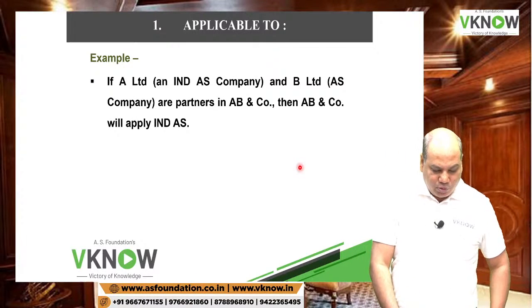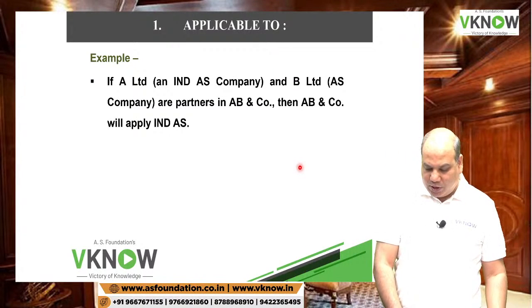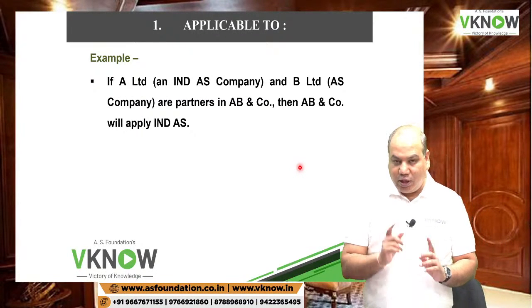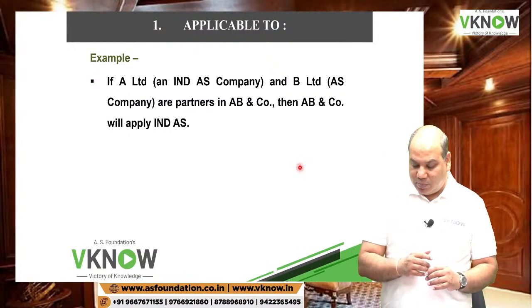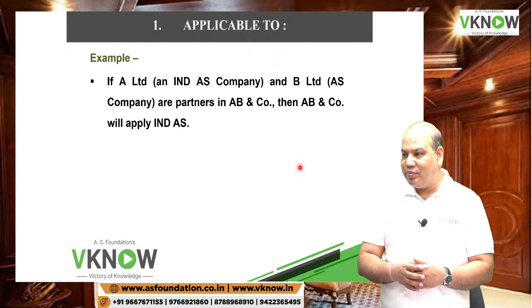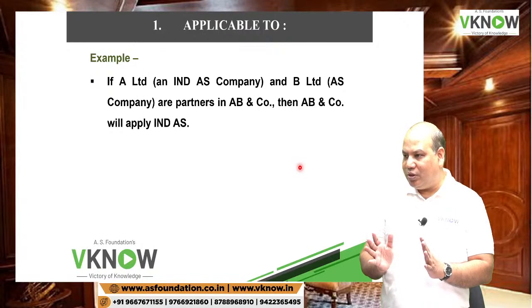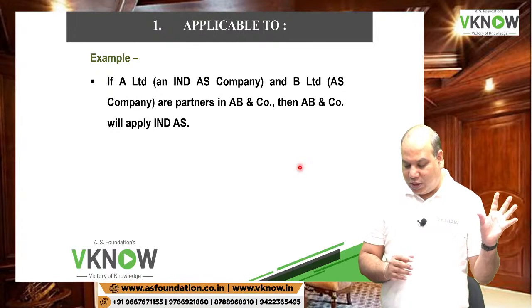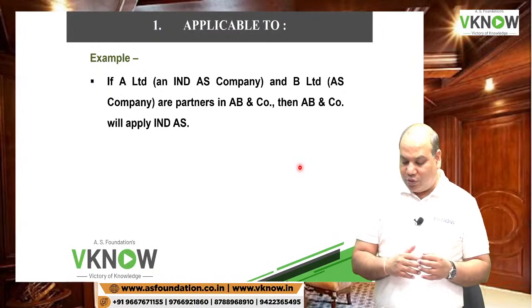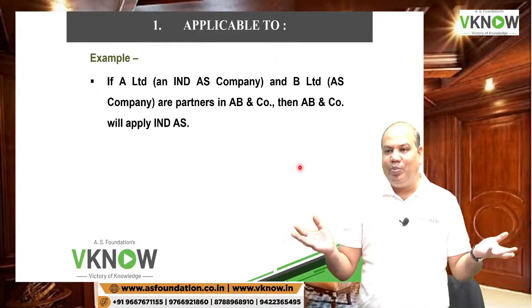Some examples to demonstrate the applicability. If A Limited, an Ind AS company, and B Limited, an AS company, are partners in AB and Company, interesting. In AB and Company, there are two partners, A and B. A follows Ind AS, B does not follow Ind AS. What will AB and Company do?